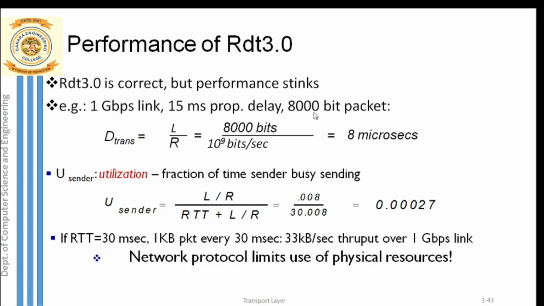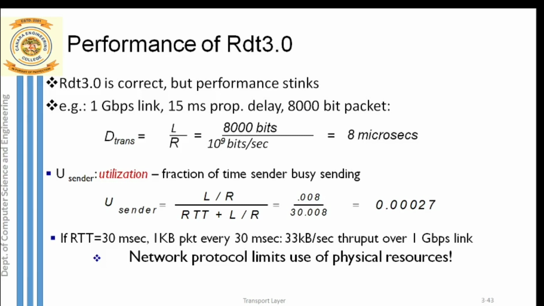We'll see here. Over the link whose capacity is 1 gigabit for every 1 second, we will first compute the time taken by this packet whose size is 8000 bits to travel over the link.